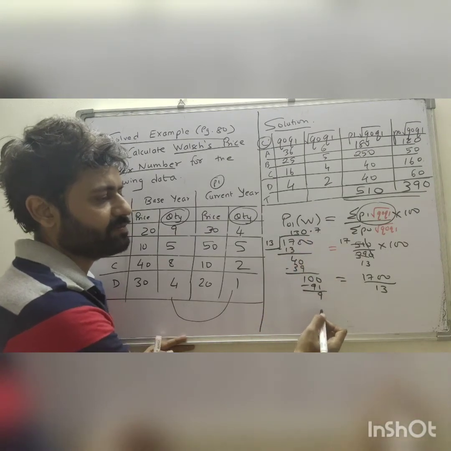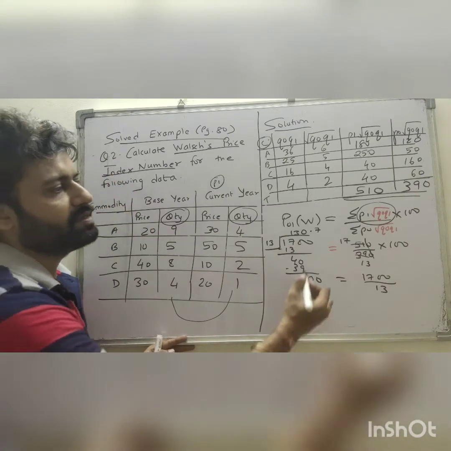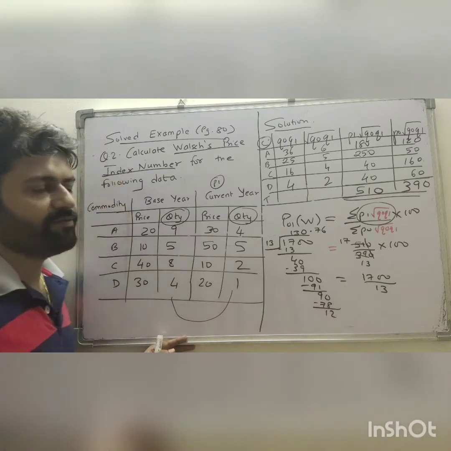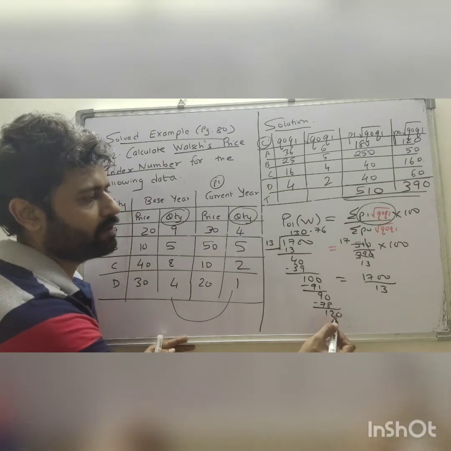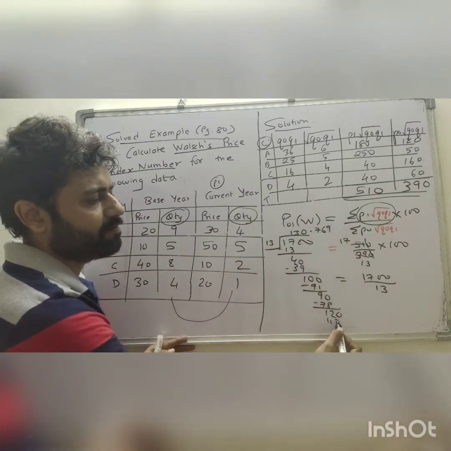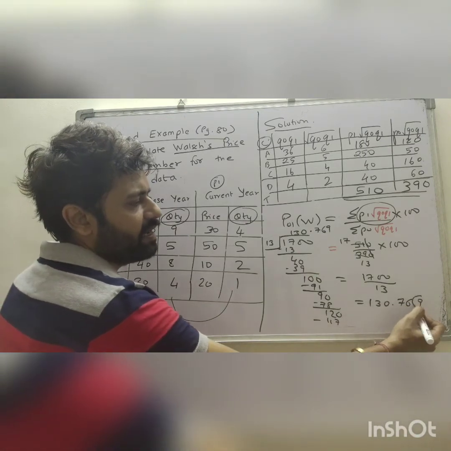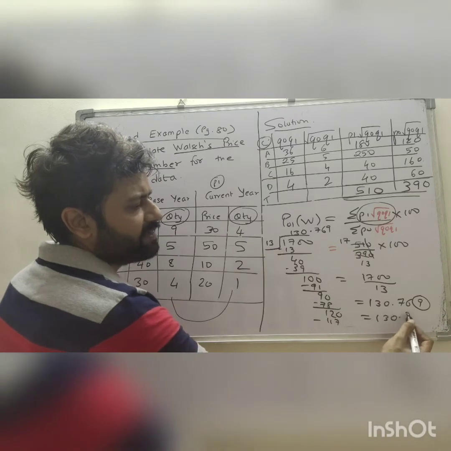The remainder is 9. 0. 13 6s are 78. 12. 0. 13 9s are 117. Answer is 130.769, which will be rounded to 130.77.